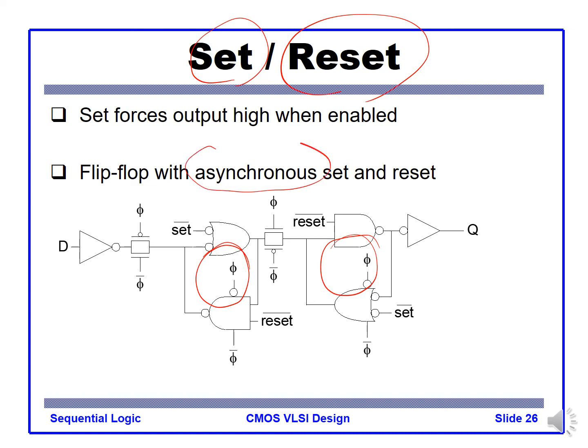So this is asynchronous set and reset. With the same hardware flip-flop, you can have both set and reset, right? This is a very useful implementation. When you have this, you can do various things you can think of.